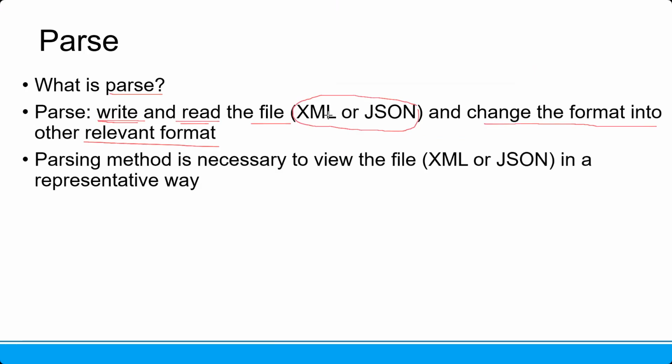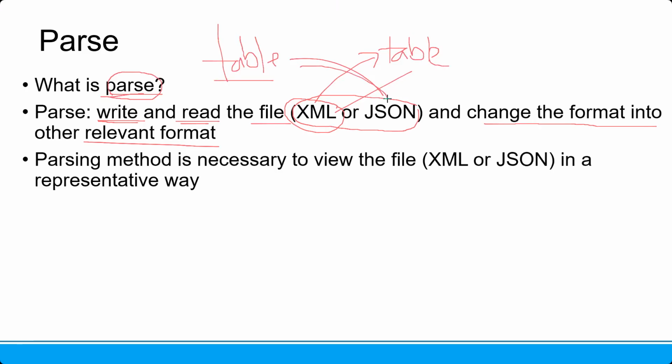For example, if I have an XML and I want to change it into a table, then I can say I want to parse the data from XML into a table. Or if I want to change from a table into JSON, then I can say I want to parse the table data into JSON.